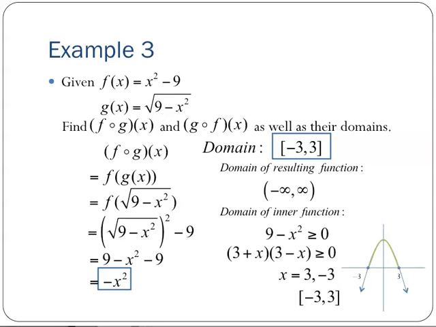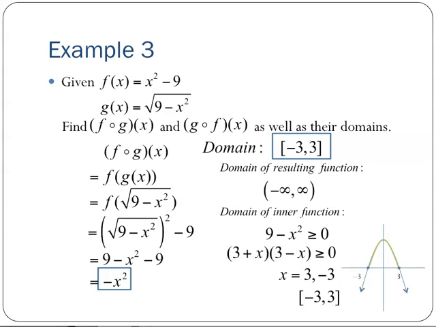So although it's not obvious here that negative x squared would have domain restrictions, it's because this is a combination of two functions by composition. So the domain is going to have to be restricted between negative 3 and 3 because of the inner function.